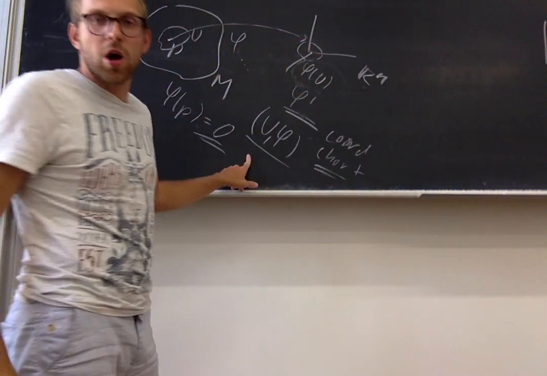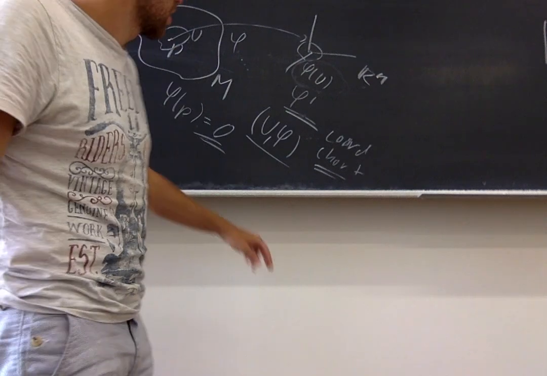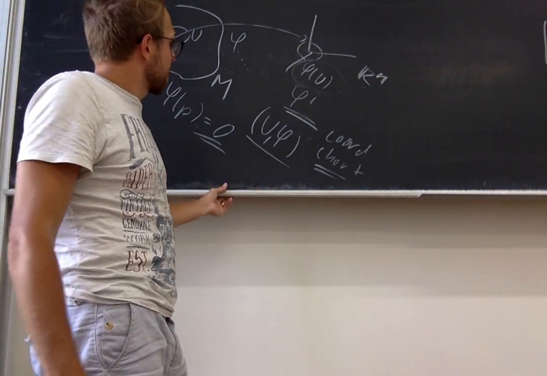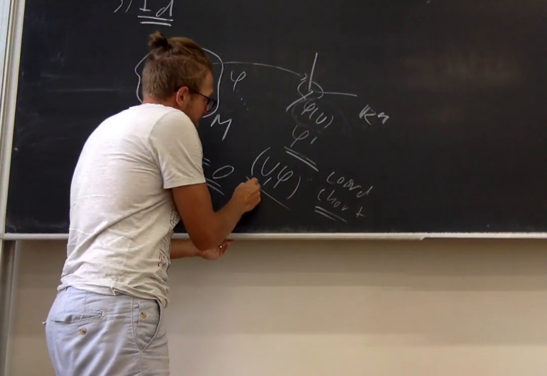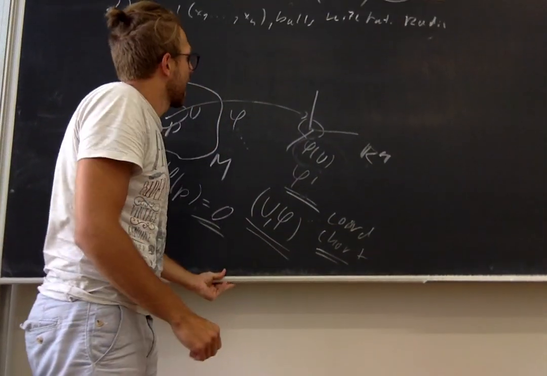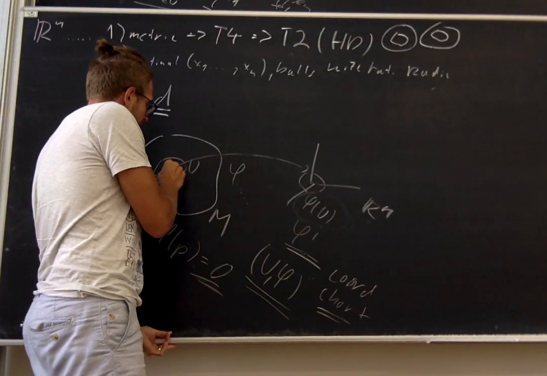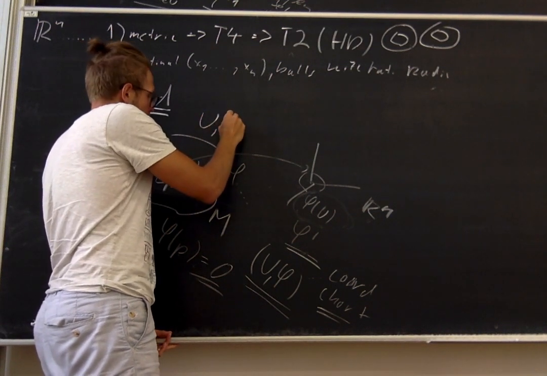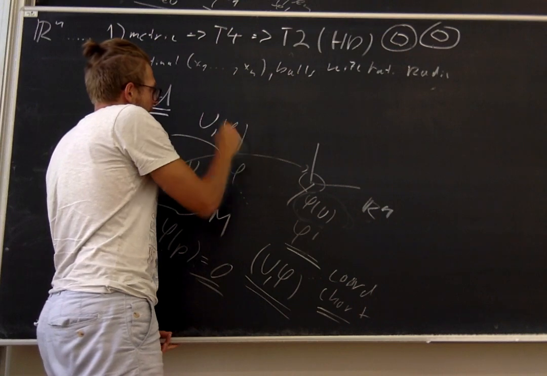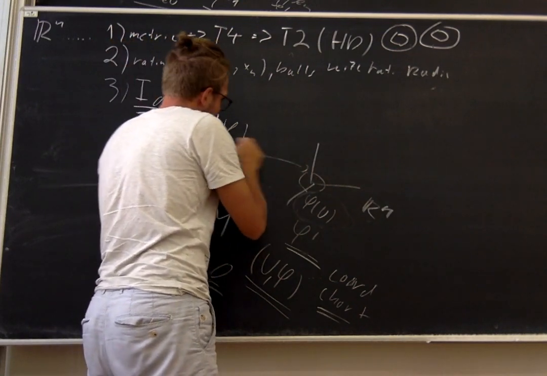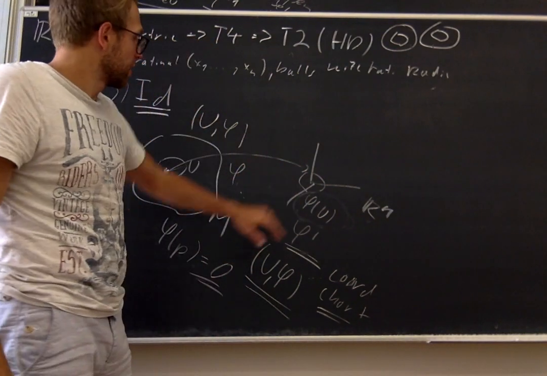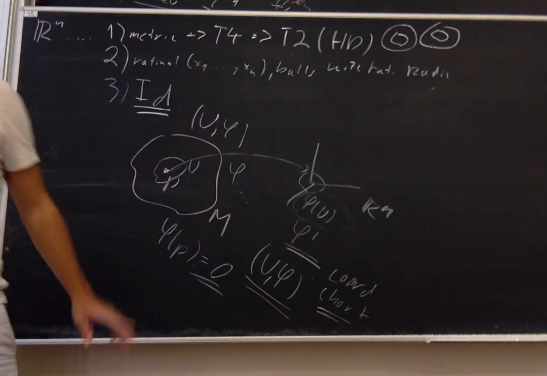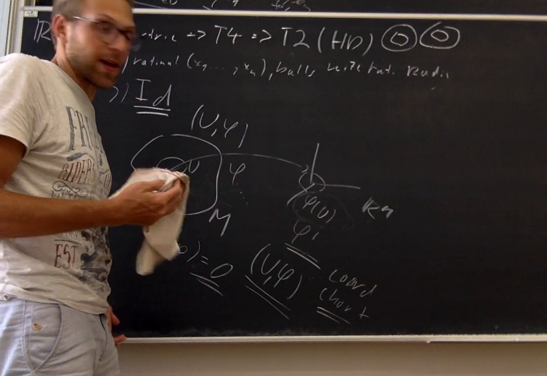I'm just going to be writing wonky like this because that's just what I do, so feel free to hate on that, it's fine. But I'm going to emphasize one more time that this is a coordinate chart, and it is an important concept. You have a P here, and you find the coordinate chart, which is this pair U, phi, and this basically maps you to your Euclidean space locally. That's the most important thing, that you always have to realize that this is a local thing.